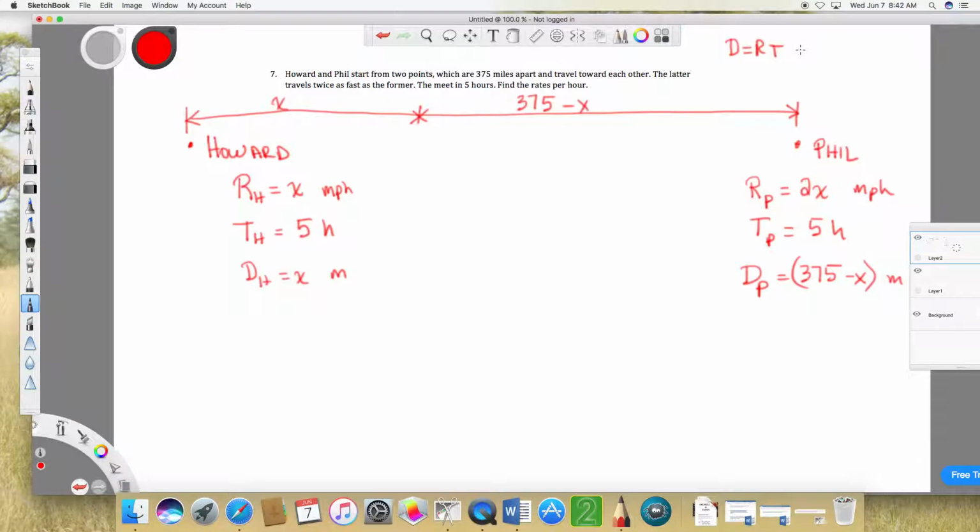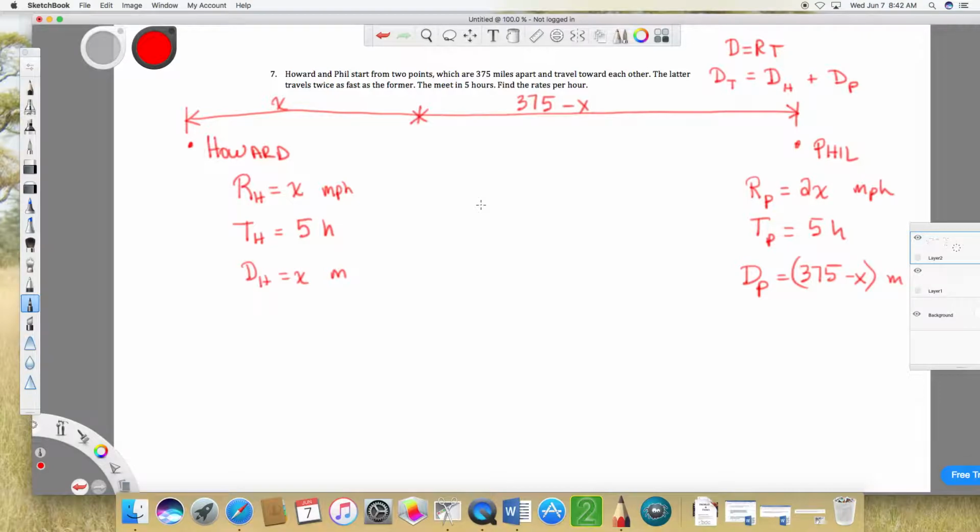Now, what I would do is say the total distance is the distance that Howard traveled plus the distance that Phil traveled, because there's no overlap. I can do that because there's no overlap. Because if I go rate times time and rate times time, those distances aren't the same.